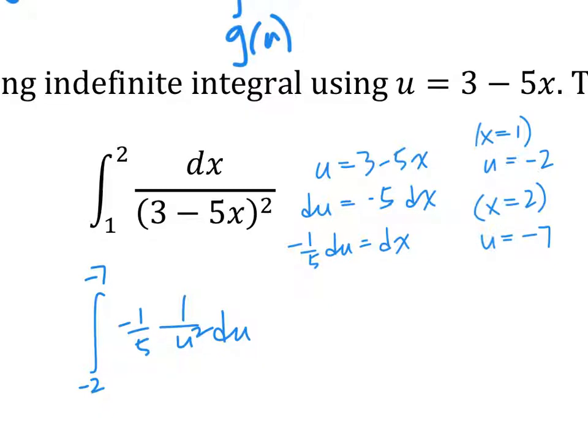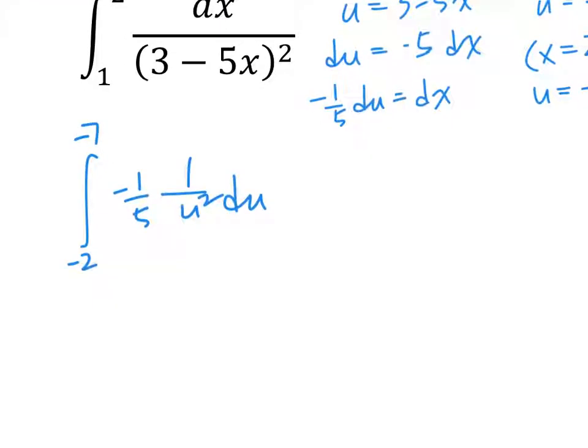No, we have to put the smaller number on the bottom, right? So what do we have to do to switch the limit? Put a negative in front. Okay, so this becomes negative, and then negative 7 on the bottom, negative 2 on the top, negative 1/5, 1 over u squared du.